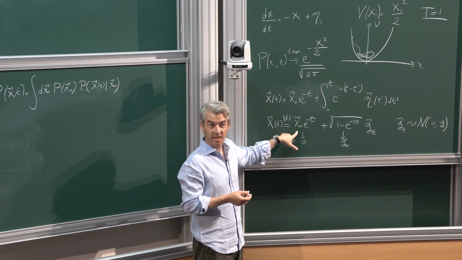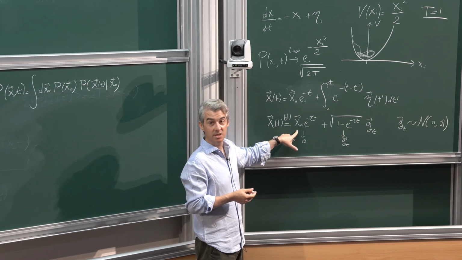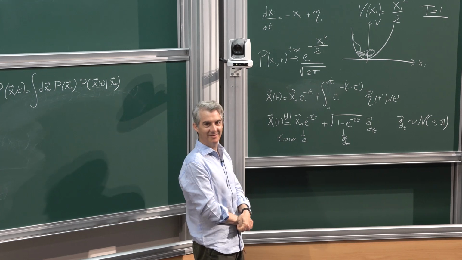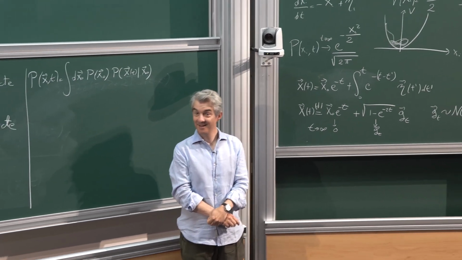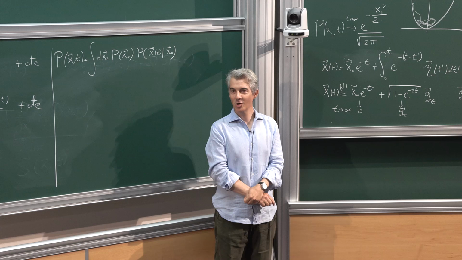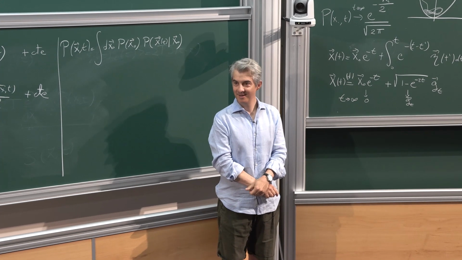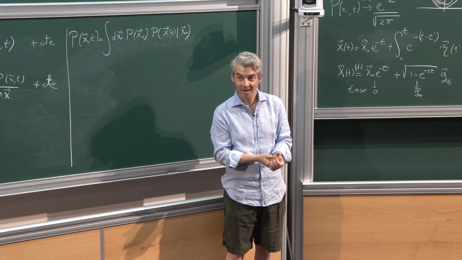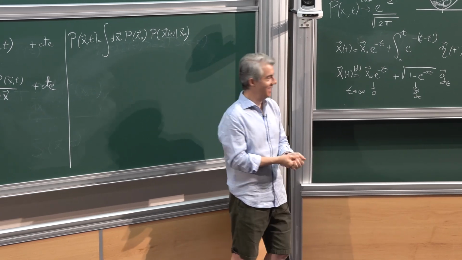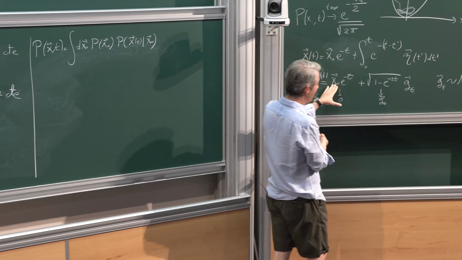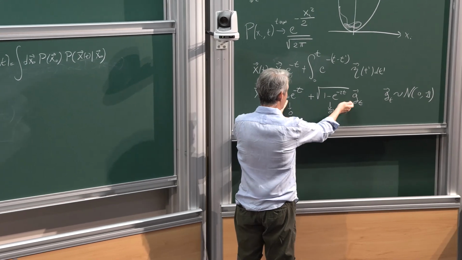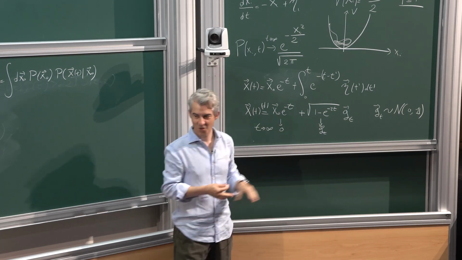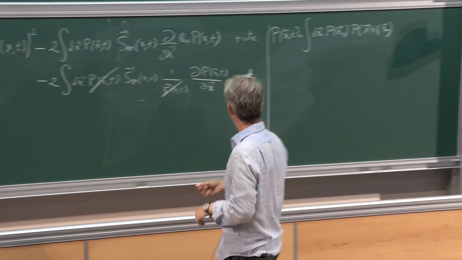What kind of law is it? Okay, I won't go on if you don't tell me. Come on, so what is it? Okay, I will do it for you. If I fix x0, this is a Gaussian, so the probability of x_t is a Gaussian, right? Okay.